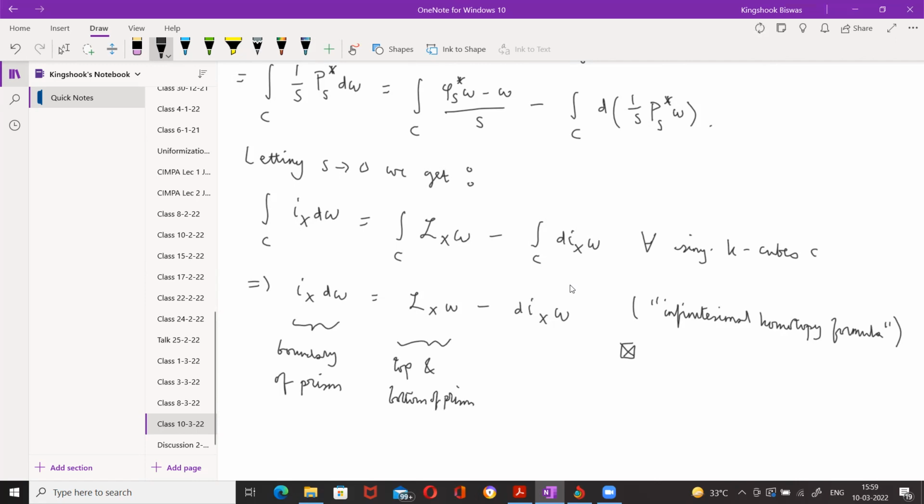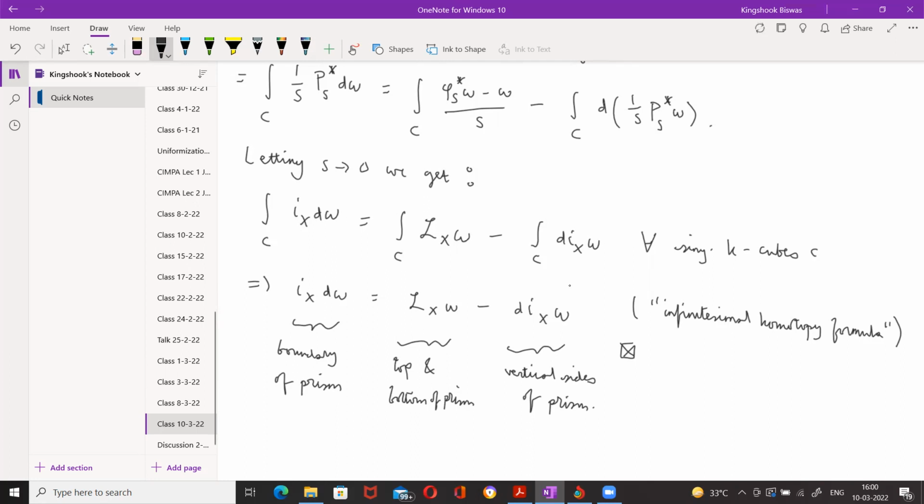And this term here corresponds to the vertical sides of the prism. Is it clear? The only thing is now our prism is infinitesimally thin. You understand? The height is infinitesimally small.